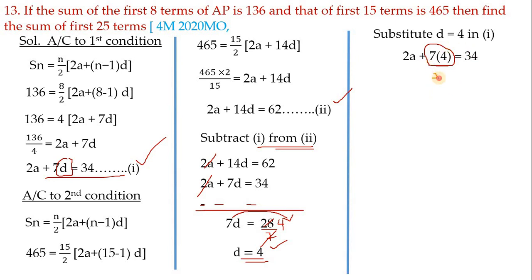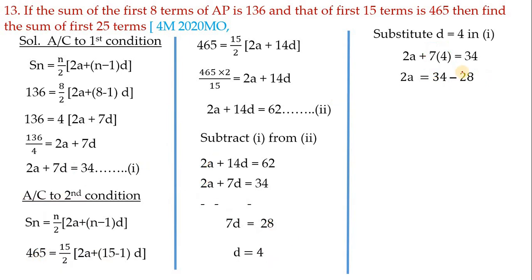That 28 you transfer this side, it becomes minus 28, just like this. Now subtract this. 34 minus 28 is how much? 6. 2a equals 6. This 2 transfer this side, becomes the denominator.